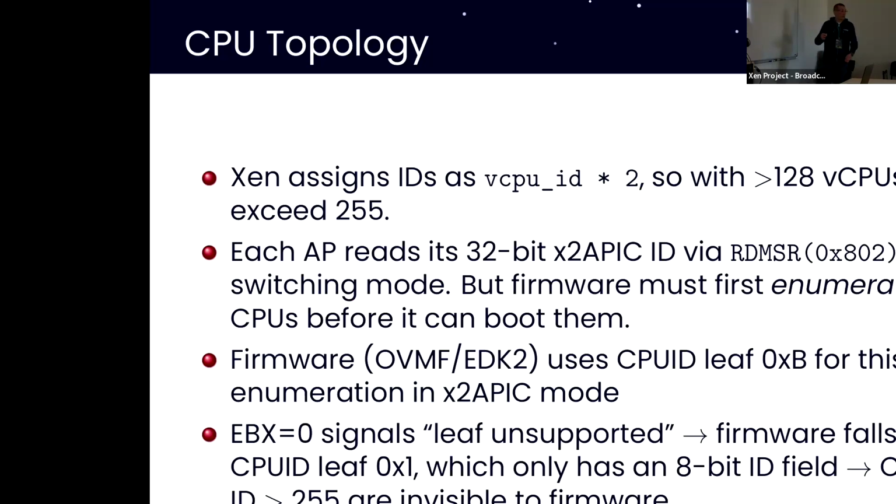Basically, before switching into x2APIC mode, there's the CPU topology, which gives additional information about the structure of the core, because with this APIC ID it's just a linear ID, and it doesn't know whether there's, let's say, hyper-threading, so there might be multiple threads in one core, and there might be multiple CPUs in one package.